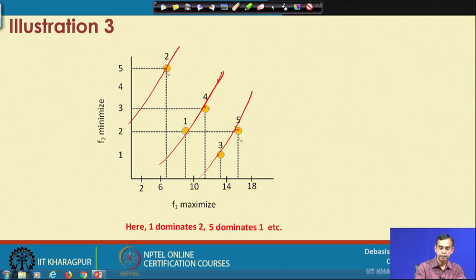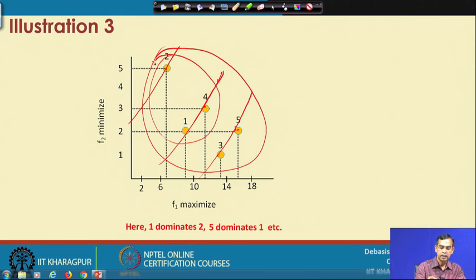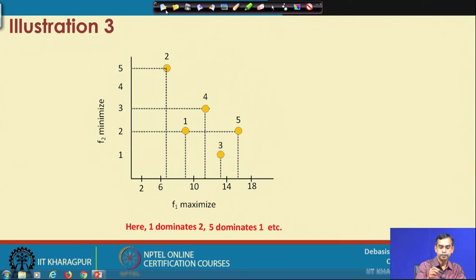So if this is the search space, then all these solutions are dominated by the solutions here, but no solution dominates this one. It requires a little thorough checking, and then you can understand which solutions dominate which other solutions.